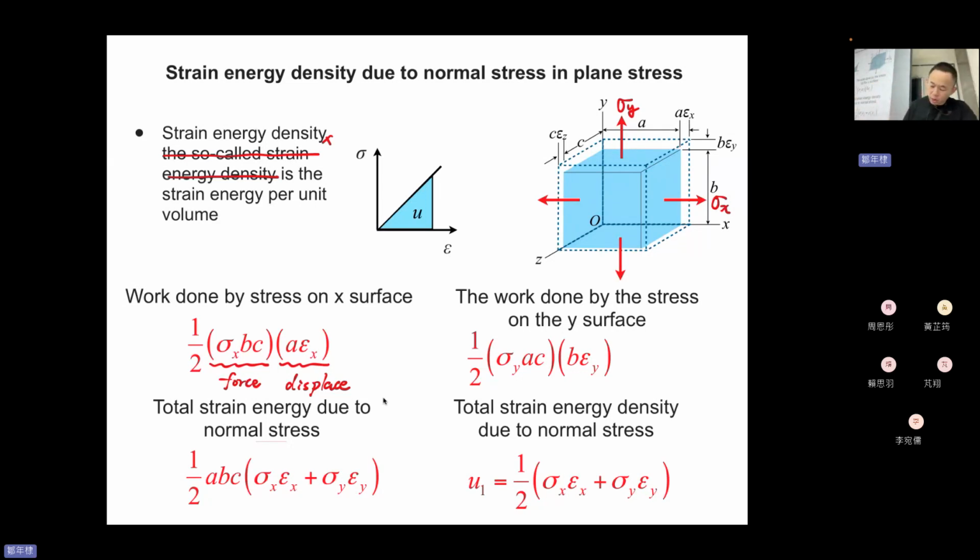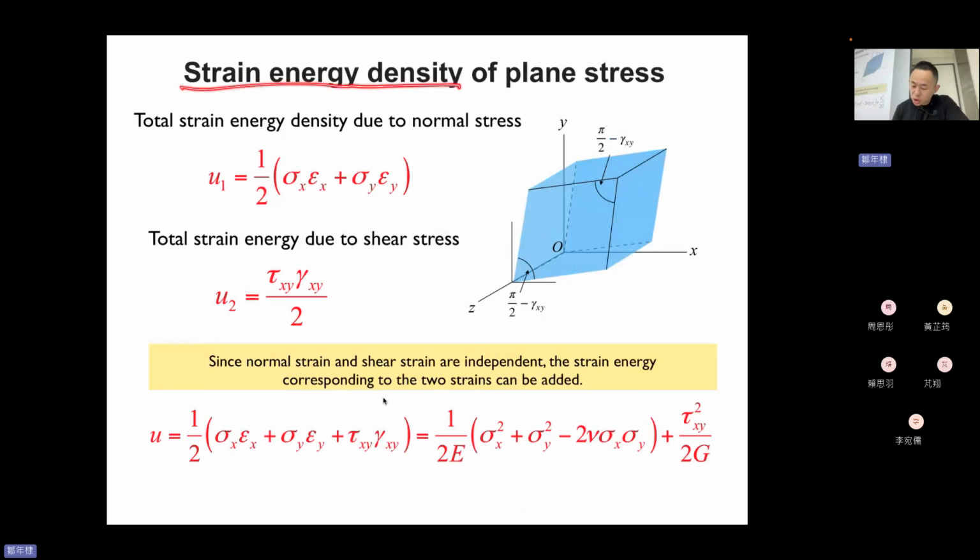Okay, so next one, the strain energy density of the plane stress, which means that we're going to determine the total entire procedure. So this is normal stress and shear stress. Now we're going to include that. So U2 and U1 summed up together will be the total energy due to the plane stress.